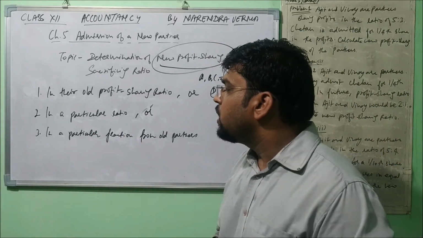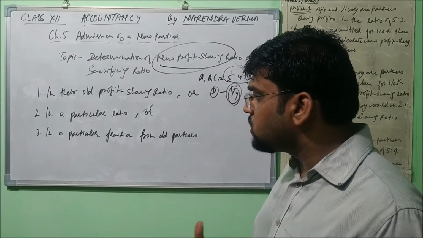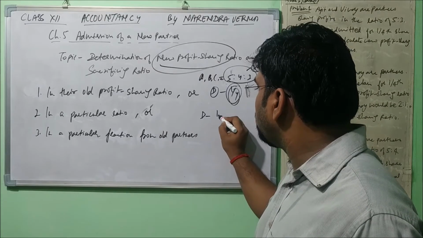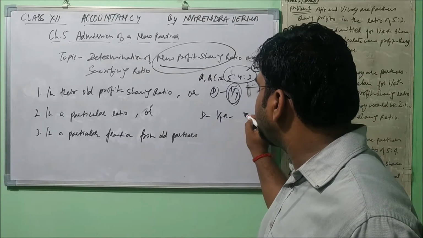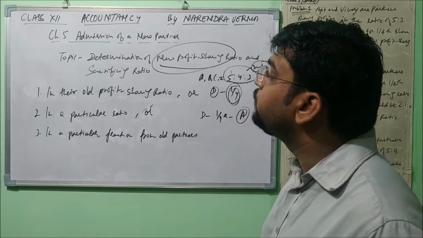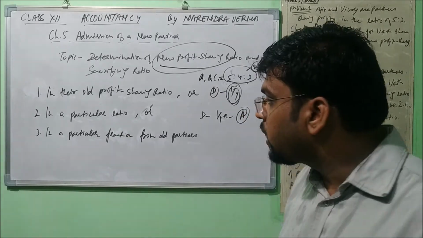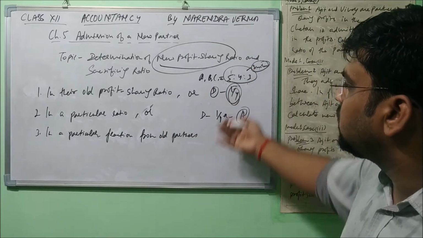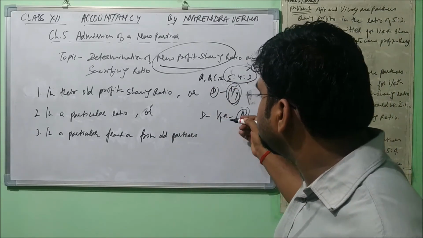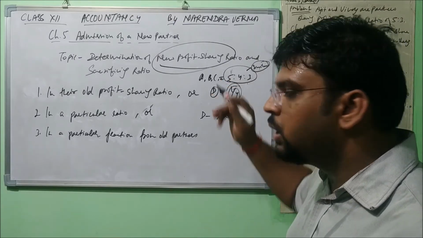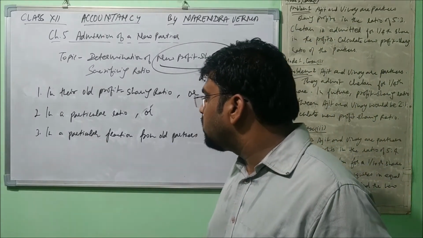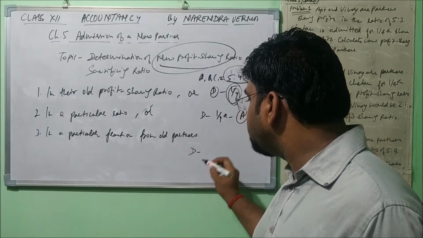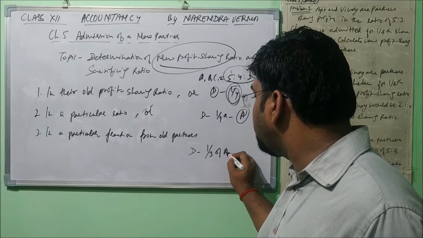Another, in a particular ratio, there is a certain ratio, like D is going to get 1/4 and that will be directly taken from A. So that is the particular ratio. Another, it may be possible that the same conditions can be kept for others as well, meaning he is getting some portion from B, some from C. And another, in a particular fraction from old partners, there is a bit of difference here: D is getting, say for example, 1/3 of A's share.